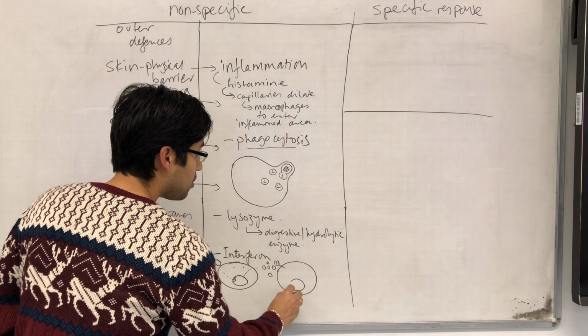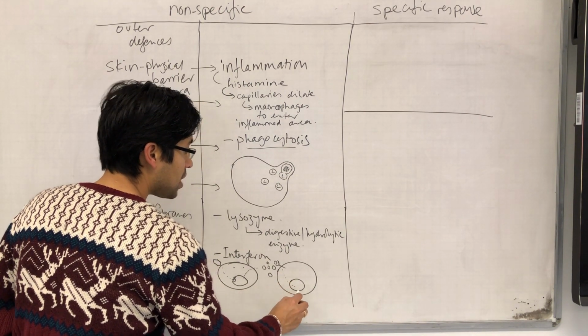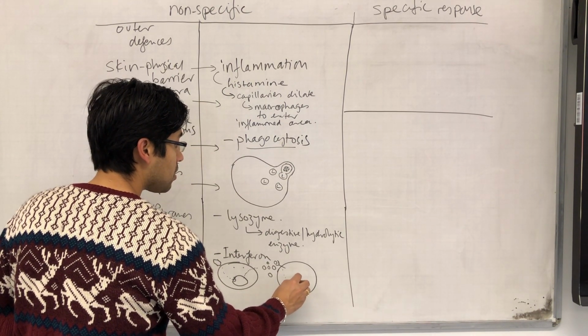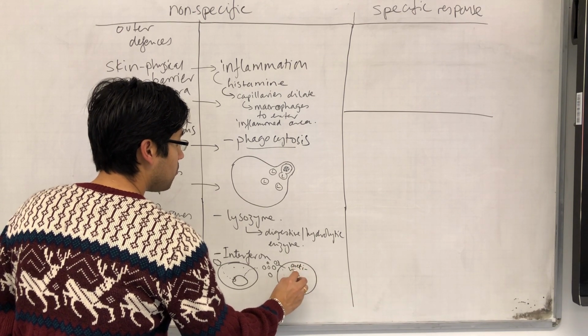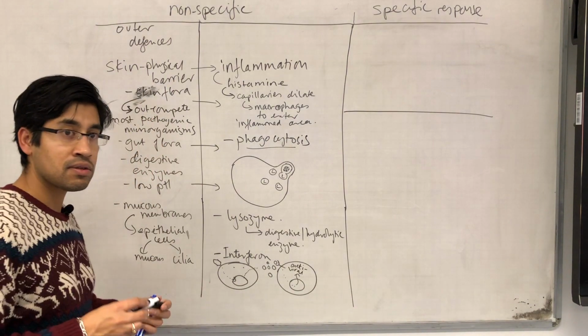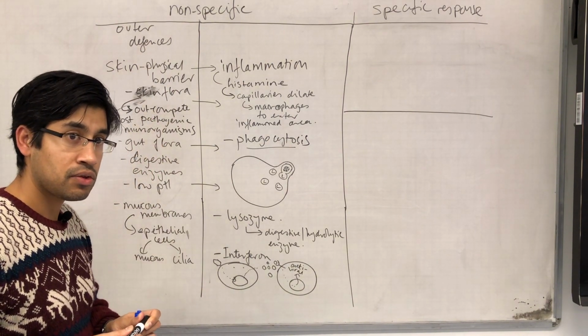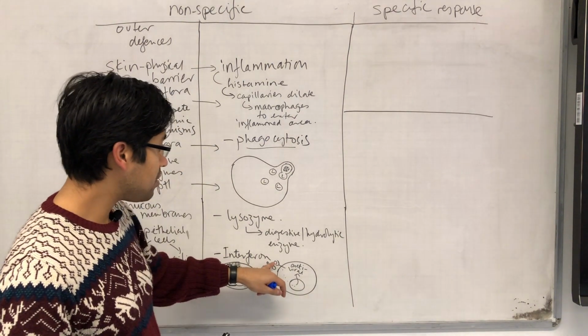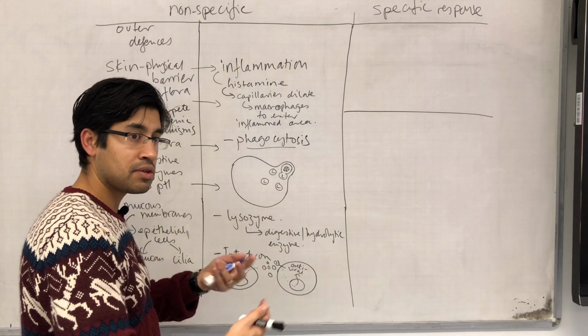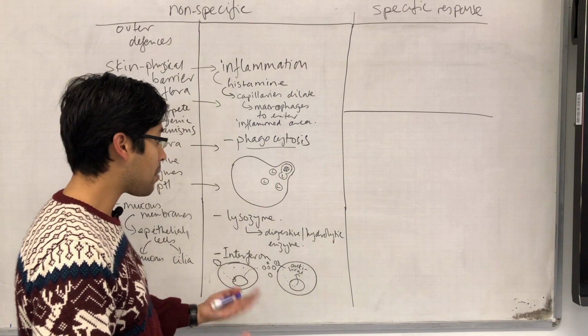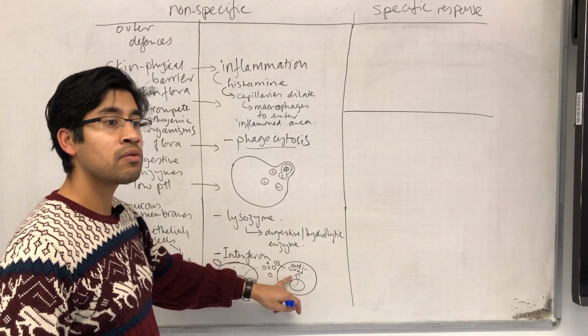And when neighboring cells recognize the interferon, they then undergo their own gene expression change to produce antiviral proteins. So when this cell binds to interferon, signals go to the nucleus to start producing the mRNA for antiviral proteins.